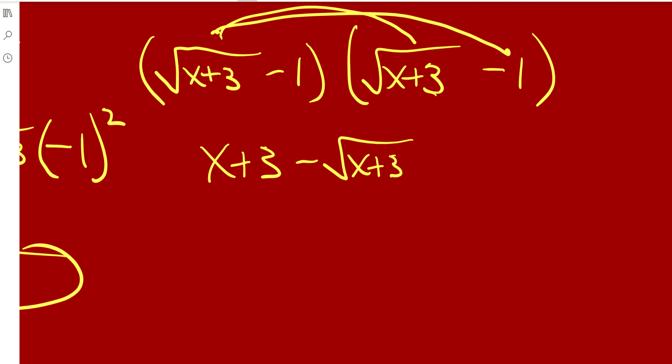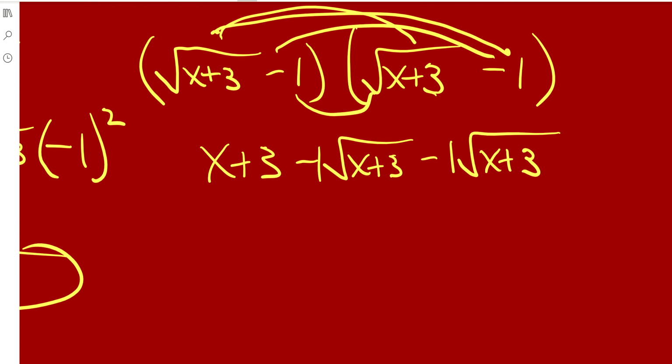Inside, I've got the same thing, negative 1 times the square root of x plus 3. Okay, I wrote the 1 here, I didn't have to, because this represents the same thing, like negative 1. And then finally, negative 1 times negative 1 is positive 1.